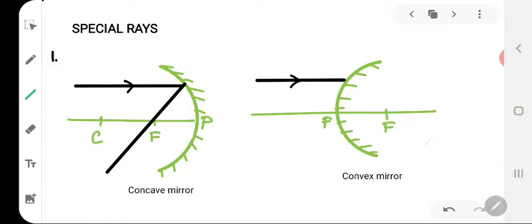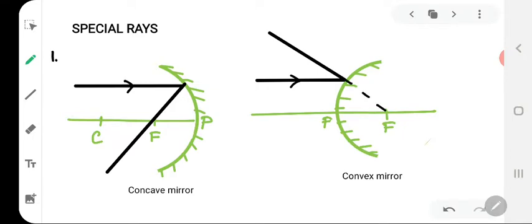In case of a concave mirror, it actually passes through the focus, but in case of a convex mirror, it passes somewhat like this. It appears as if it is coming out of the focus.